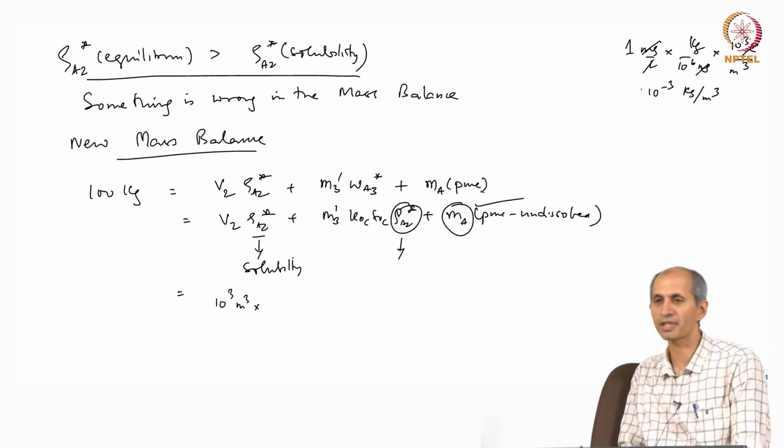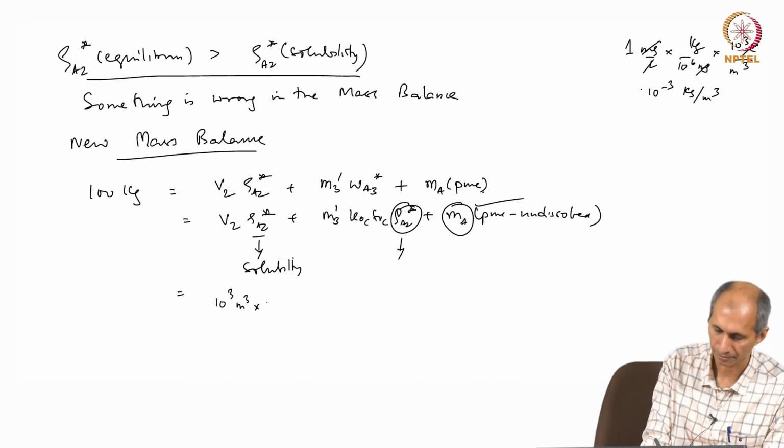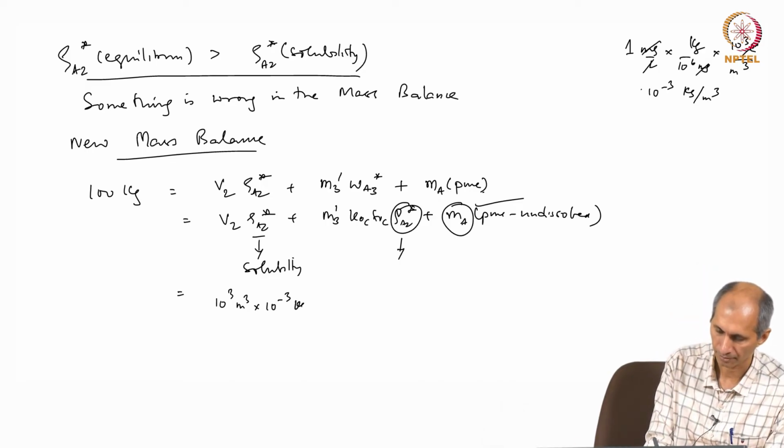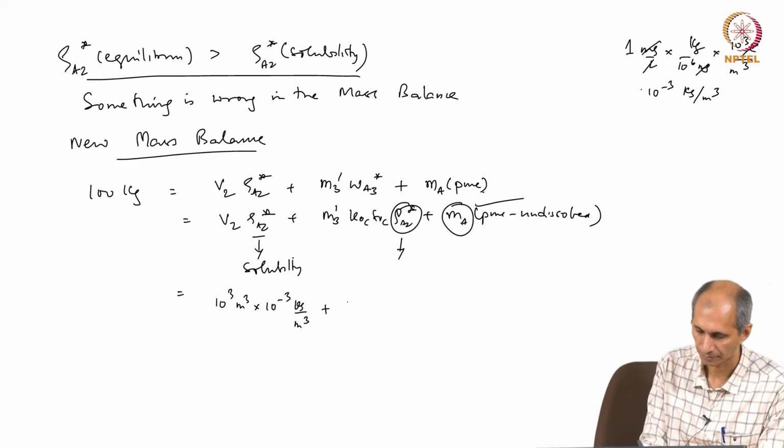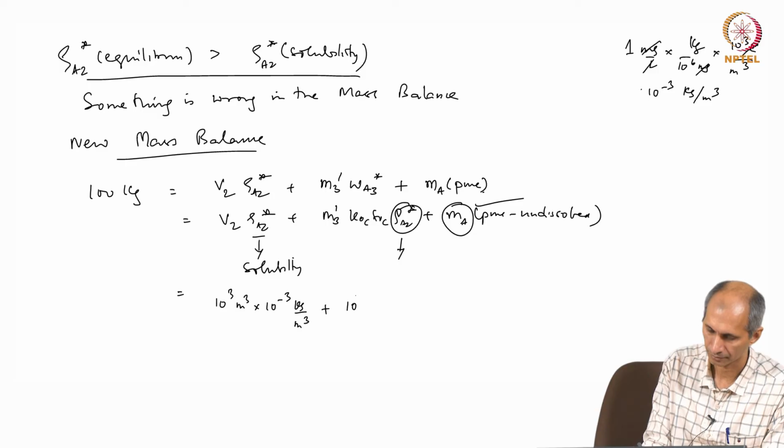This is 10 raised to minus 3 kilograms per meter cube.